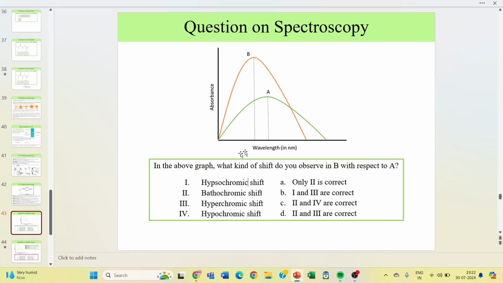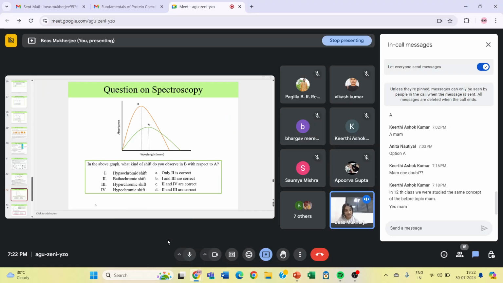This is a question. In the above graph, this is how it was initially, and then it became this. From A it went to B. So what kind of shift do you see? Firstly, it is moving towards a smaller wavelength, so it is definitely blue shift.